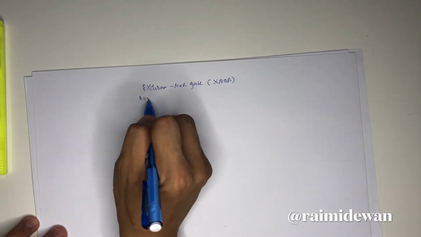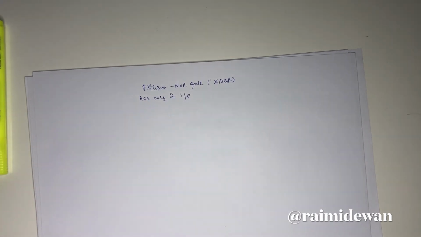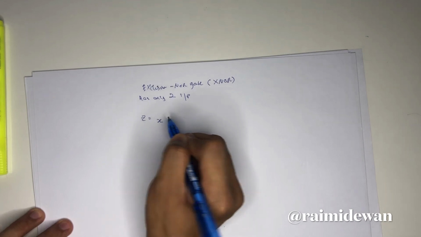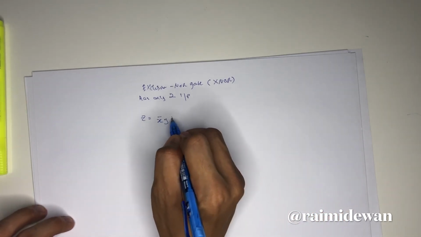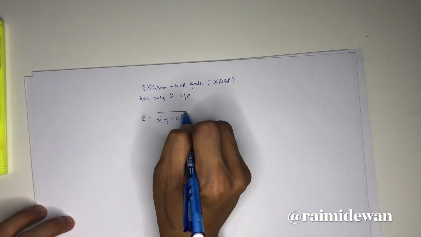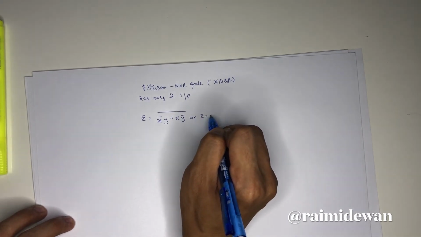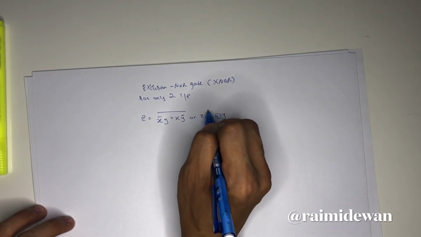It has only two inputs and the logic expression is z equals x y plus x bar y bar, or you can have z equals x exclusive OR y, then invert it.